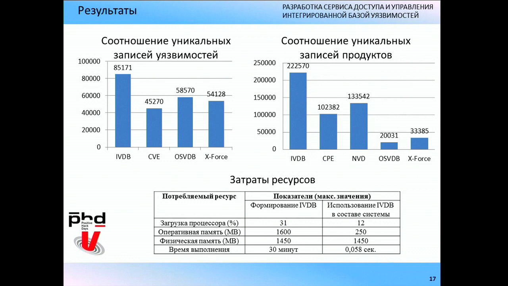As a result of setting up the base, we have the following results: the integrated list of vulnerabilities contains 85,000 unique records. The relations with the X-Force and the other fields, and comparing the unique records and products with the NCP dictionary, in the resulting database we had more than 200 product records versus other databases, much higher.